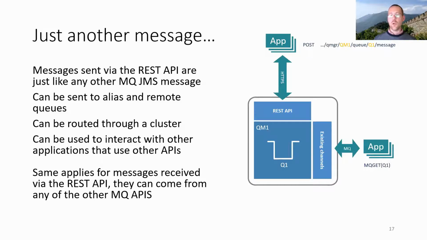You've got all of the flexibility of MQ there, and things like alias queues, shared queues, remote queues, clustering, all of those capabilities are available via the REST API. There's no restrictions on what you can do there. So once a message comes into MQ out of the REST API, it's basically just another MQ message.